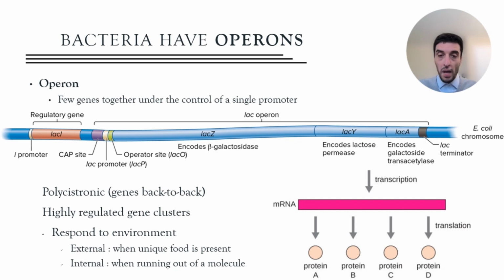So, for example, we have one operon called the lac operon. That's the one that we're going to be studying here. The lac operon produces a lot of different proteins that are going to be used to digest lactose.